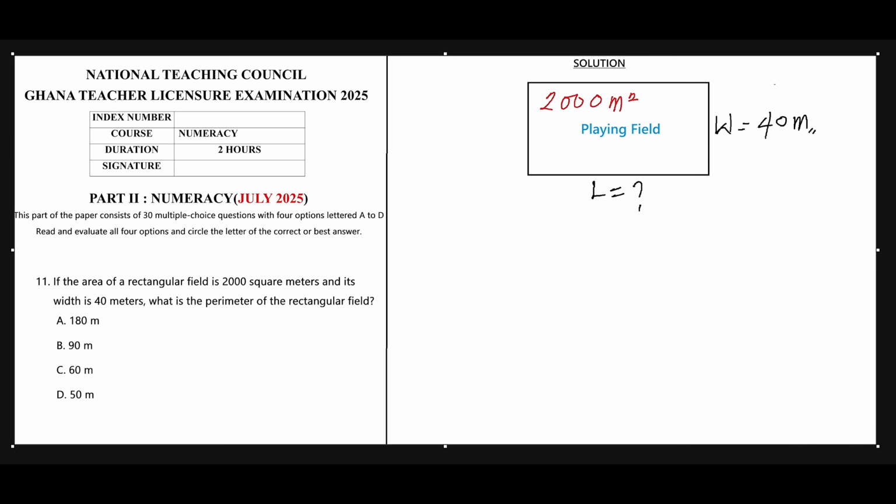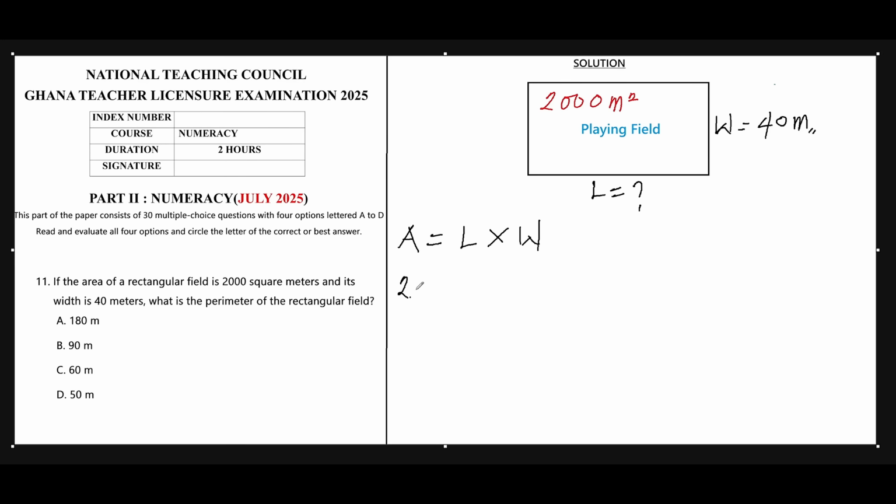So we have to calculate for the perimeter. We know that before we can calculate for the perimeter, we need the actual measure of the length. Once we know the area and the width, we should be able to calculate for the length. We know that the area of a rectangular playing field is given by the formula length multiplied by the width.